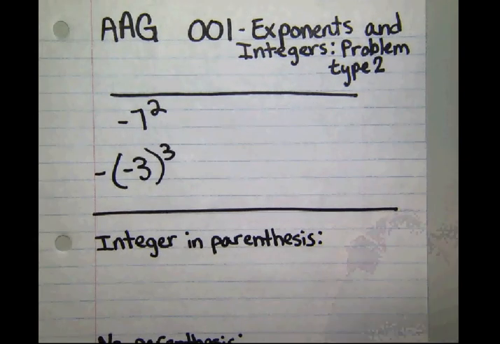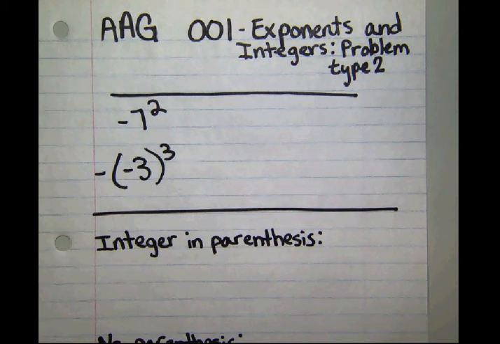So negative 7 squared is not in parentheses, and the opposite of negative 3 to the third is in parentheses.